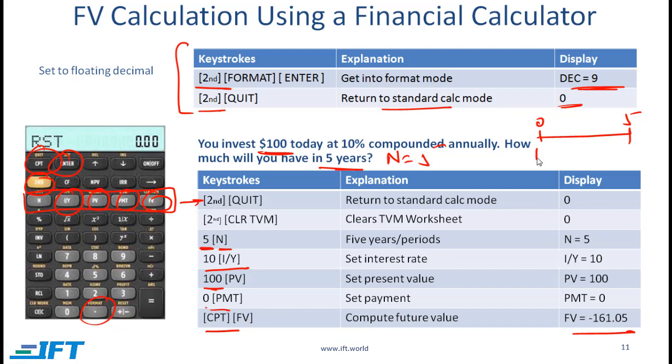If you put in plus 100 here, then at the end of 5 years, the calculator assumes that you are taking the money out. So it will give you minus 161. If during entry you had put in minus 100, then the calculator would give you plus 161.